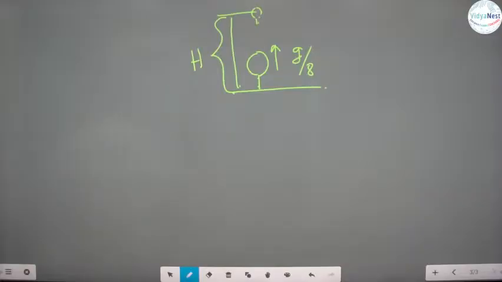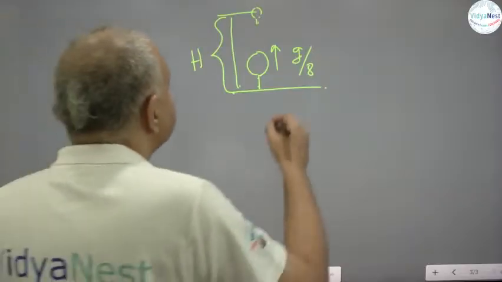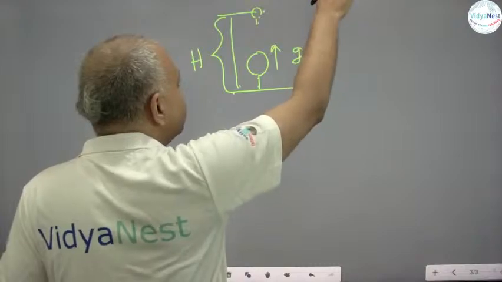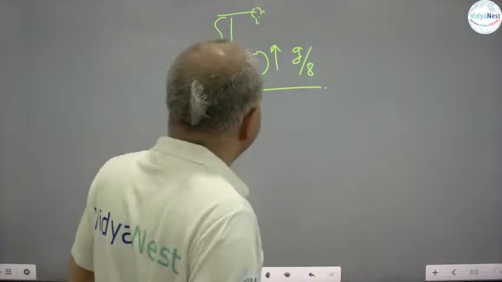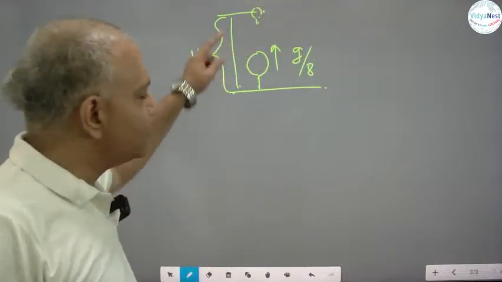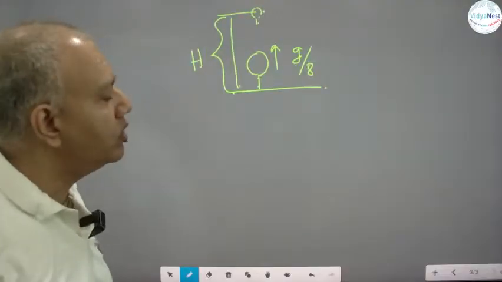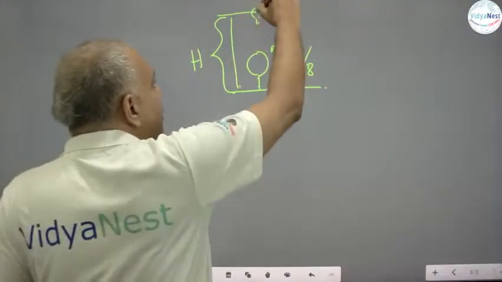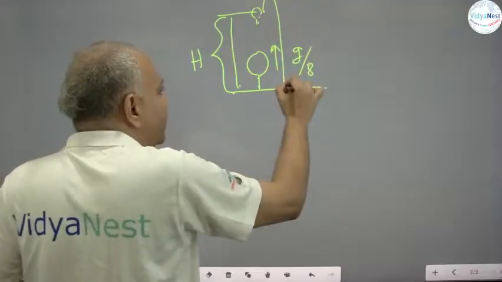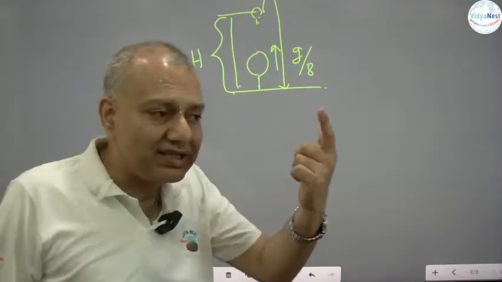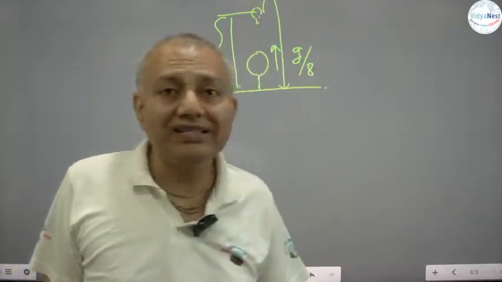Then a stone is dropped. From here, a stone is released. So what is going to happen here? If I just drop a stone at this position, you can observe the stone will rise up and again fall down. Why is it going to rise up again in the upward direction?